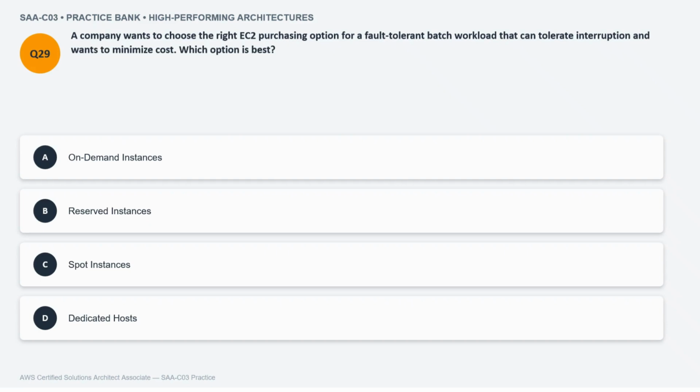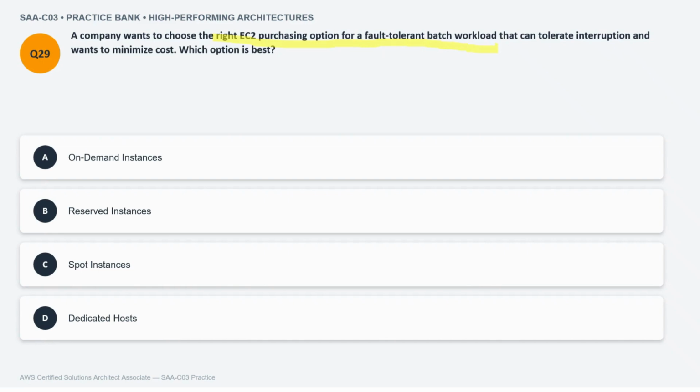Question number 29. A company wants to choose the right EC2 purchasing option for a fault tolerant batch workload that can tolerate interruptions and wants to minimize cost. Which option is best? On-demand instance, reserved instance, spot instance, or dedicated instance.